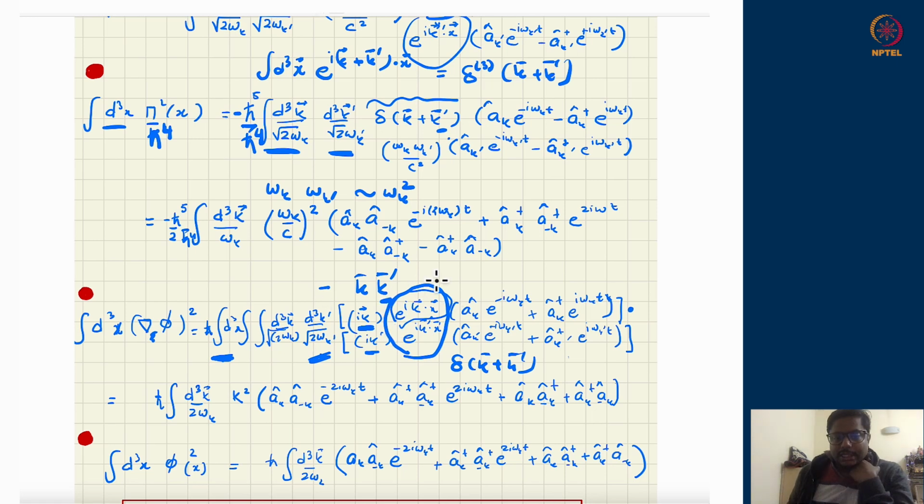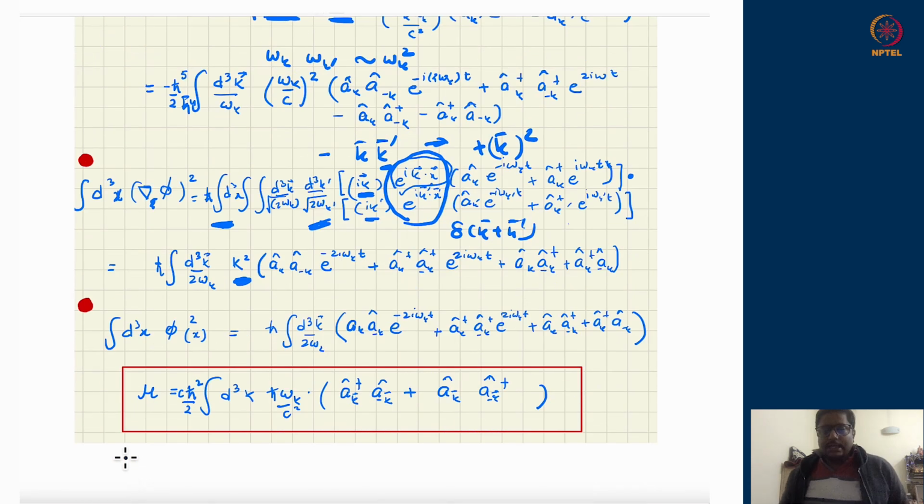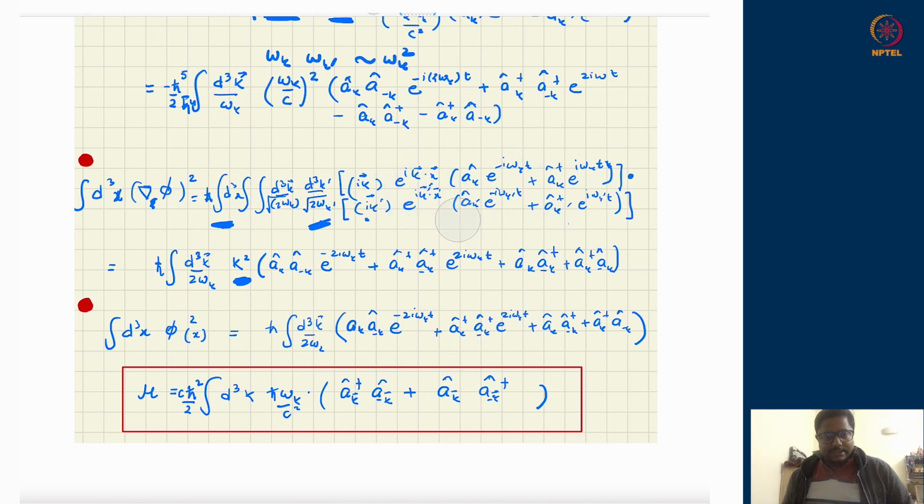So overall it will become a plus k mod square. So you see, you will get a k square with a plus sign outside. So again, I will suggest you do this once carefully yourself: take the gradient, multiply the two integrals, do the exponential integration d3x of this quantity. This will give you delta of k plus k primed, and use that delta of k plus k primed in one of the k primed integrals. You will get this result.